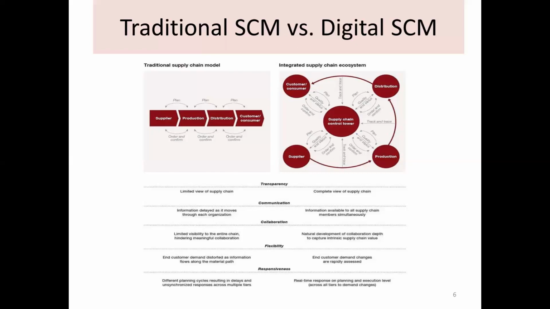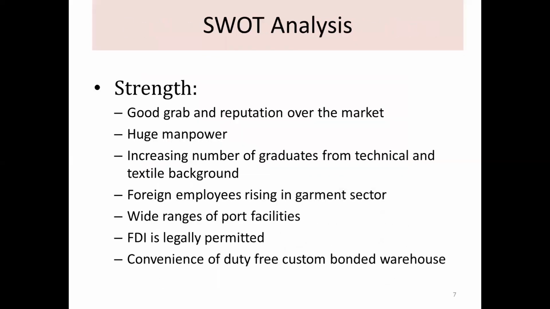But in the digital supply chain, end customer demand changes are rapidly assessed by all four entities. Regarding responsiveness, in the traditional supply chain it is hampered by delays and unsynchronized responses across multiple tiers. But in the digital supply chain, real-time response at the planning and execution level can be carried out.